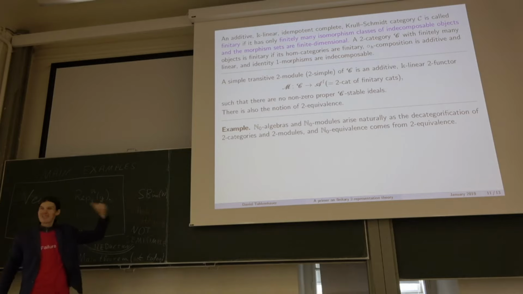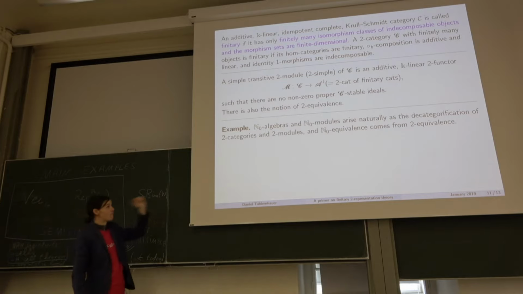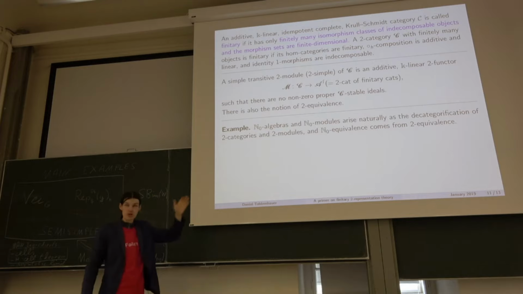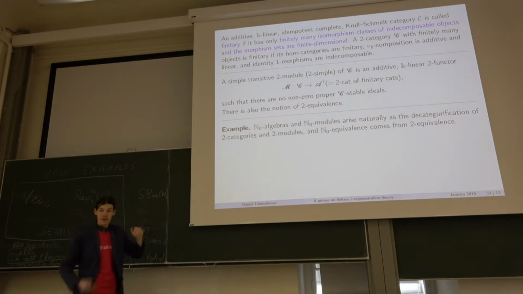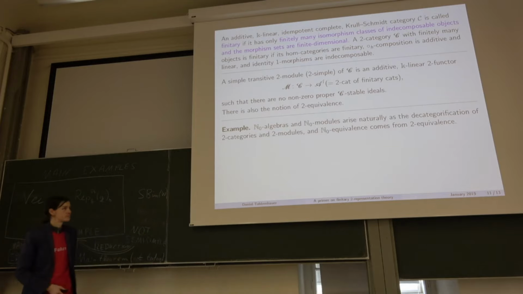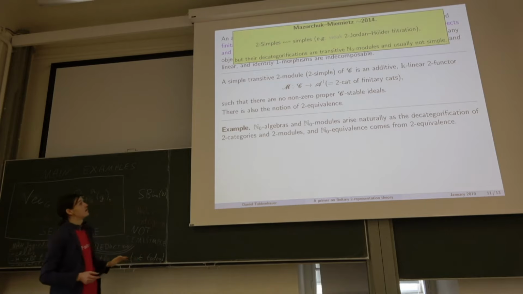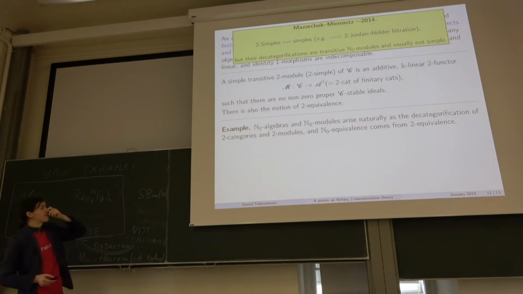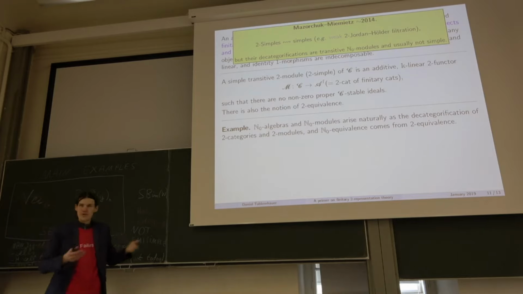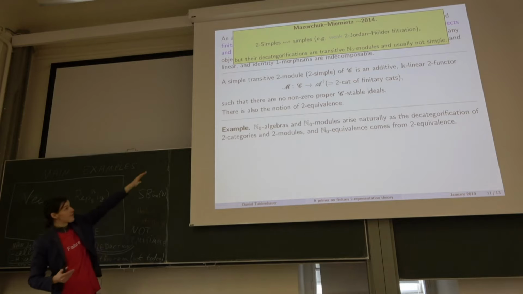And those two simples are exactly the proper notion in this setup of a categorification of a simple module. Okay. Examples, well, that's what I already said. So some facts, and then will come some examples. So you should really think of two simples.